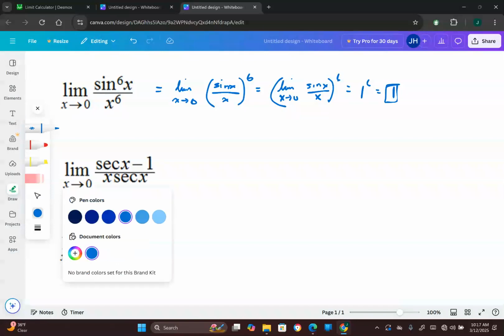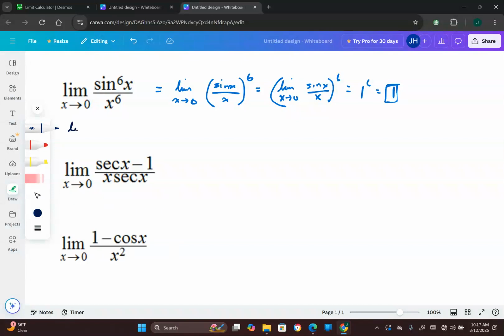Now, let's change one thing on this. The limit as x approaches 0. What if it was sine to the 7th of x over x to the 6th? Well, you notice what I've got there, I've got an extra sine of x. I've got sine to the 6th x over x to the 6th, but I got an extra sine of x.